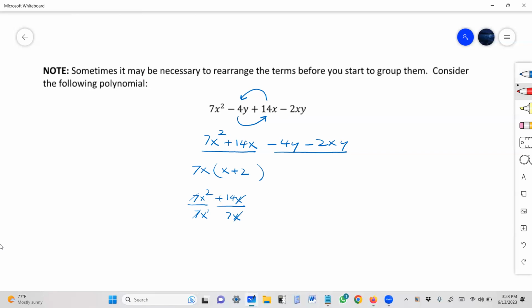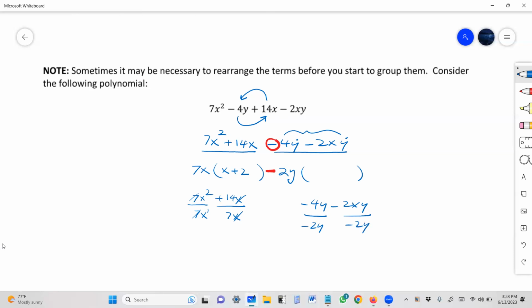Okay, second group, minus goes right here. 4 and 2, the common GCF numerically between 4 and 2 is 2, and y. So open close parentheses again, minus 4y minus 2xy, each divided by minus 2y.